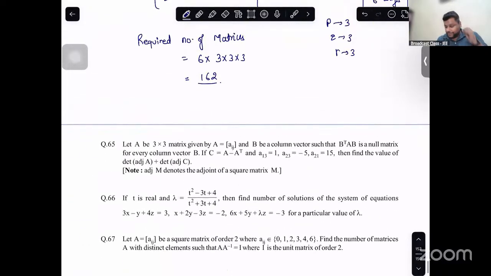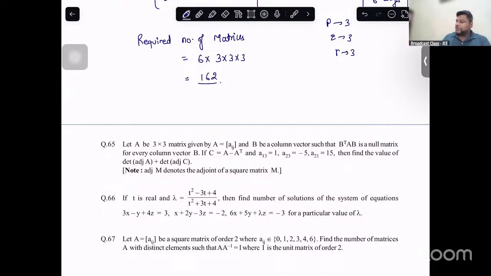Go with this question. Let A be a 3 by 3 matrix given by A is Aij, B is a column vector such that B transpose AB is a null matrix for every column vector B. C is A minus A transpose, and A13, A23, A21 are given.